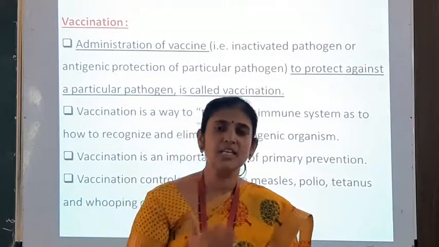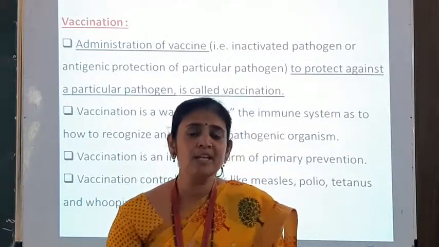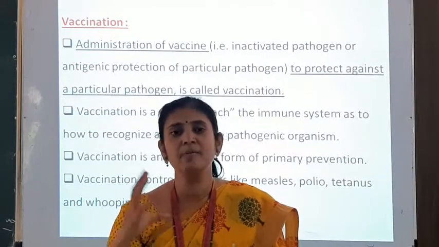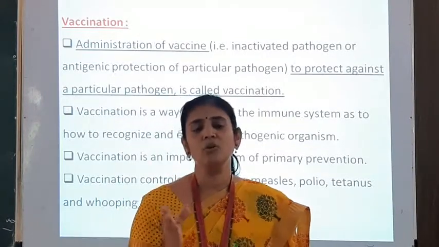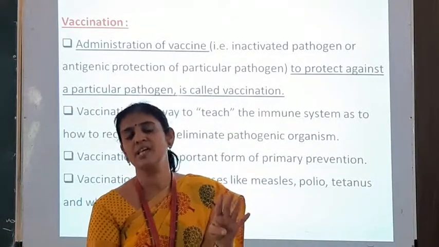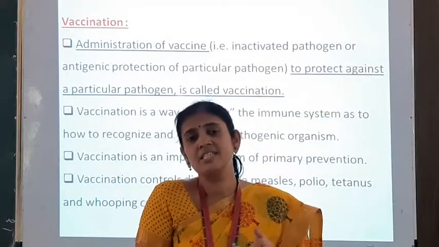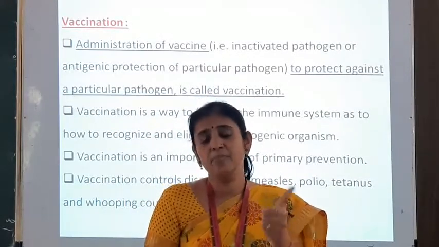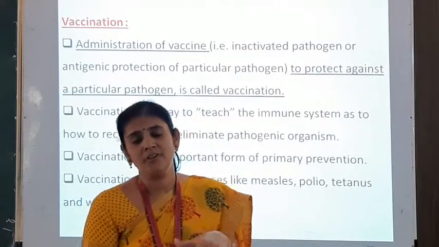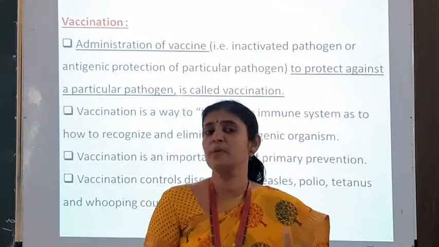T lymphocytes are responsible for cell mediated immunity and B lymphocytes are responsible for antibody mediated immunity. T lymphocytes produce 4 types of cells: helper T cells, killer T cells, suppressor T cells, memory T cells. And B lymphocytes, after activation, produce 2 types of cells: plasma cells and memory cells.